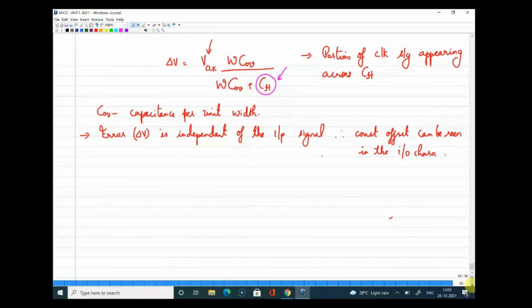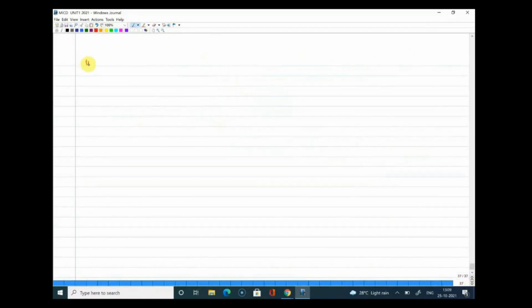Now coming to the last mechanism, which you already know, identified as kT by C noise, which is getting added to the sampled voltage on the capacitor, right?